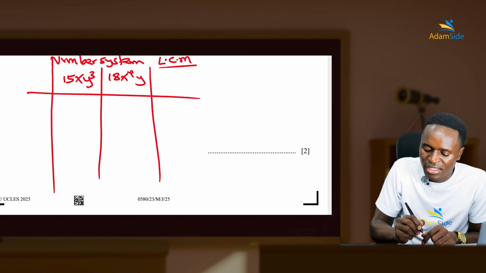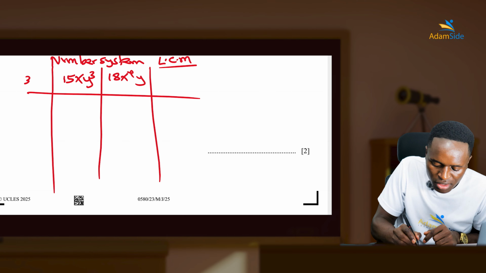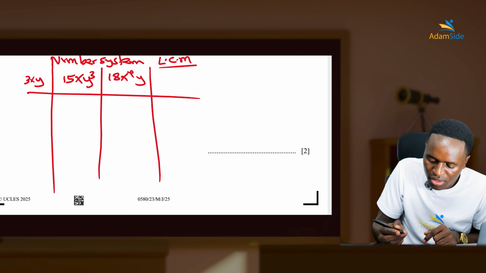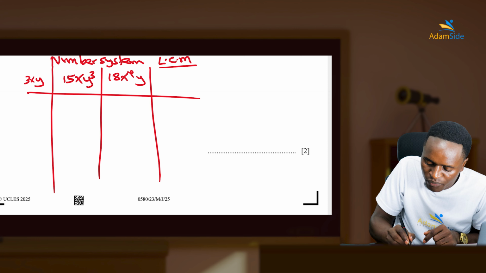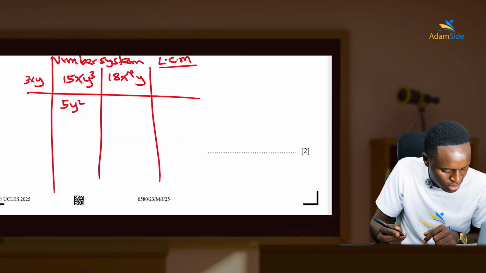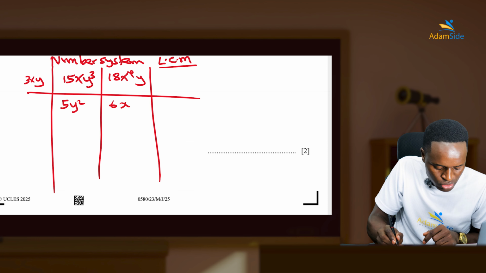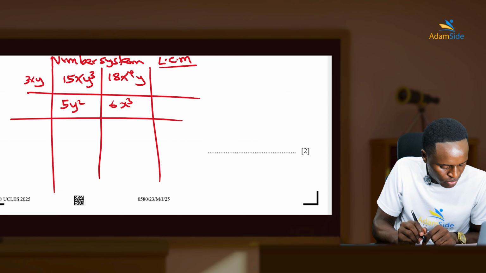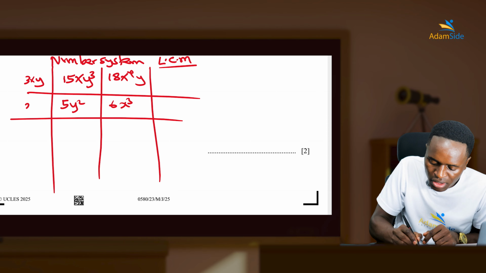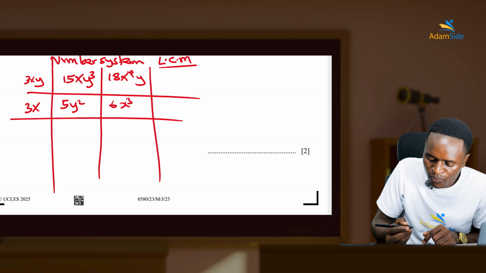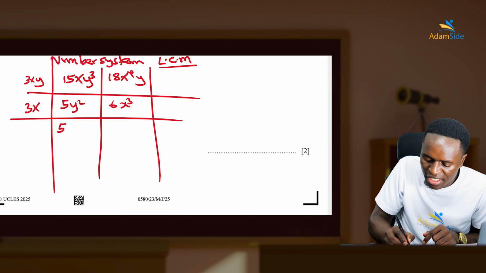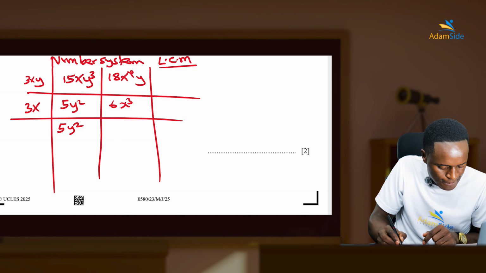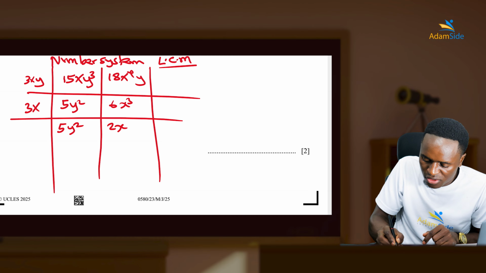As simple as it is, look for a common factor. Obviously, I'll start with the easy one: 3xy goes there, 5y squared and 6x cubed. Correct. Then look for a common factor. I'll say 3x. If I divide by 3x, I have 5y squared and I'll get 2x squared.